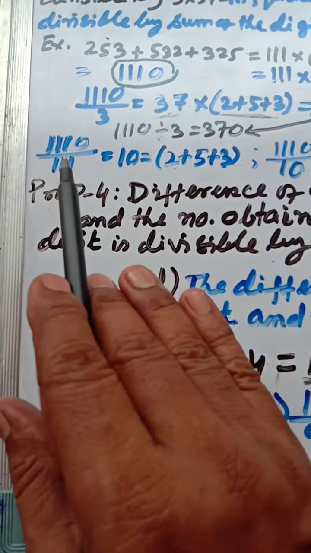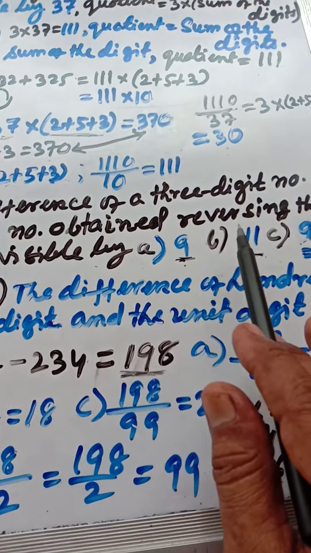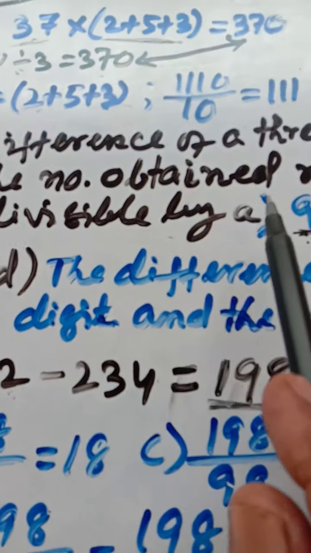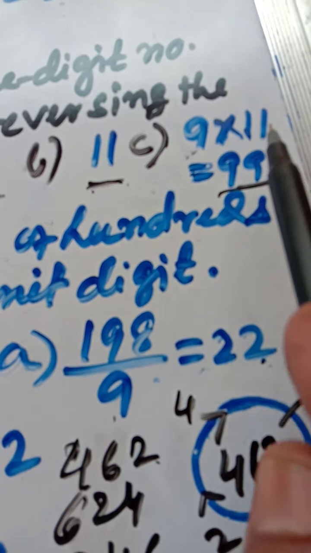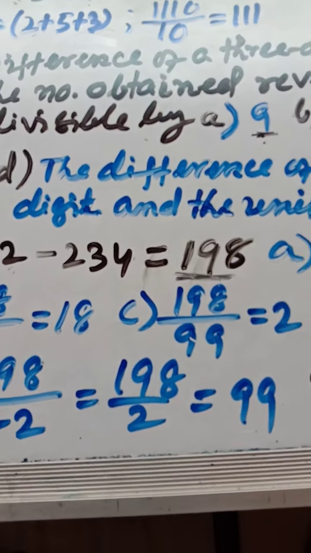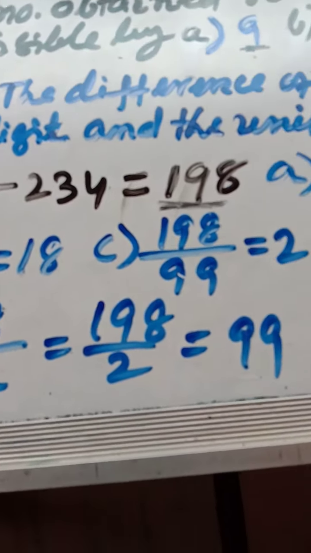Now, there is another property: the difference of a three-digit number and the number obtained by reversing its digits is divisible by 9, divisible by 11, divisible by 9 into 11, that is 99, and divisible by the difference of the digits of the 100s place and the unit place. Let me take an example.